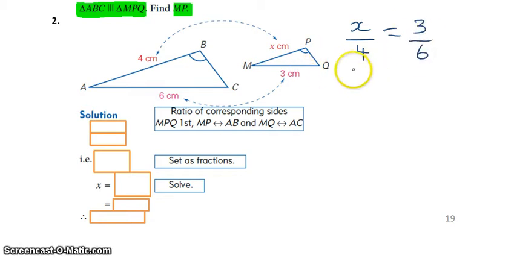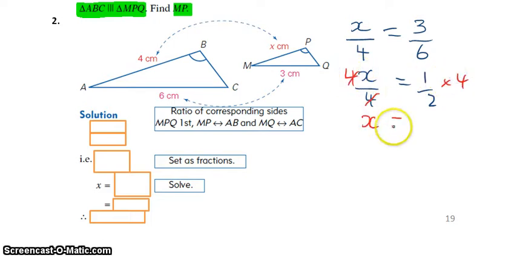Just writing it out simpler. To get x by itself, I'm going to need to times both sides by 4, and that will give me x is equal to 2 centimeters. So I've written my units on. Let's have a look at how they did it.